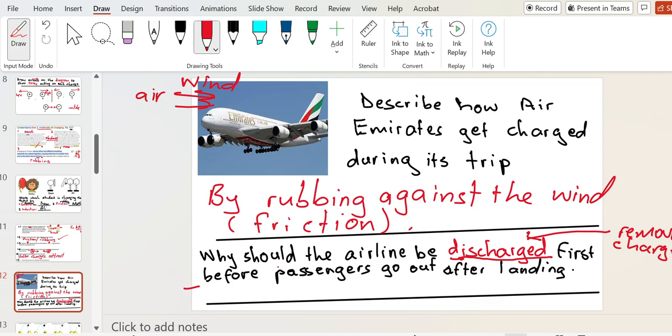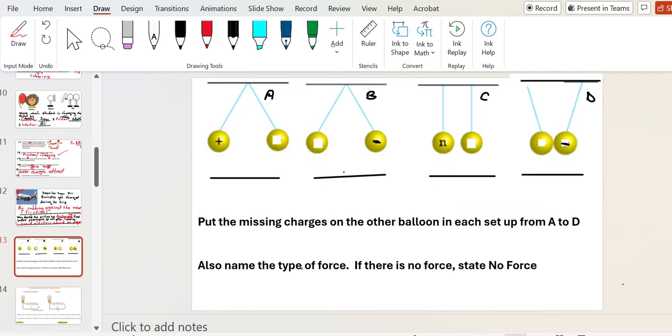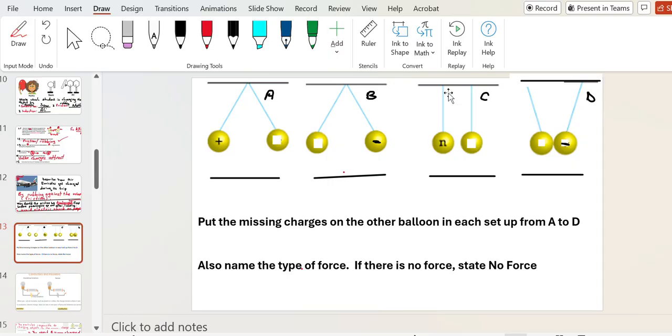So to avoid this electric shock, we discharge the aeroplane first before passengers go out. The people traveling by the airplane are called passengers. They will be shocked.